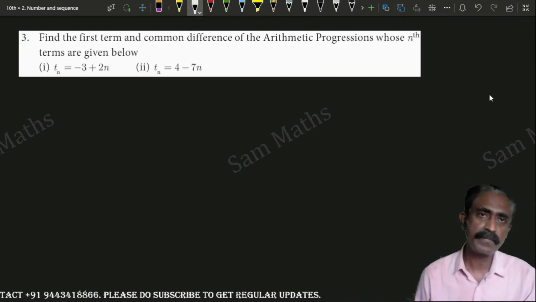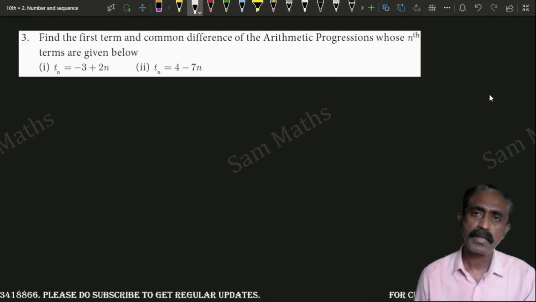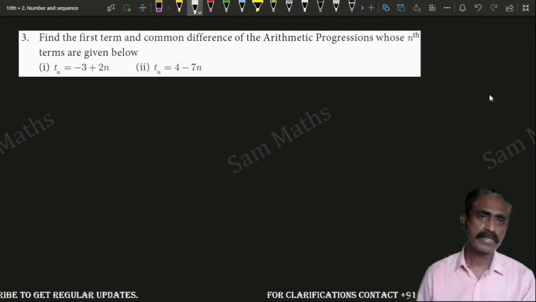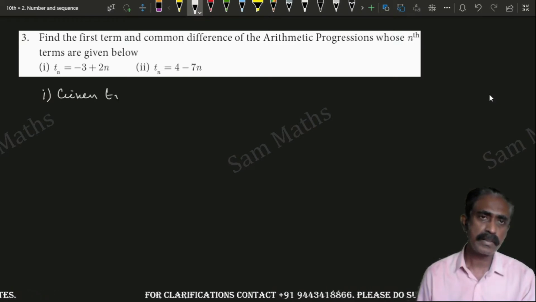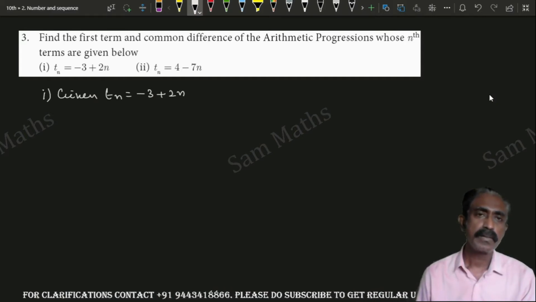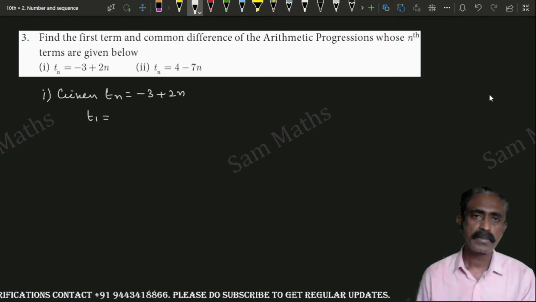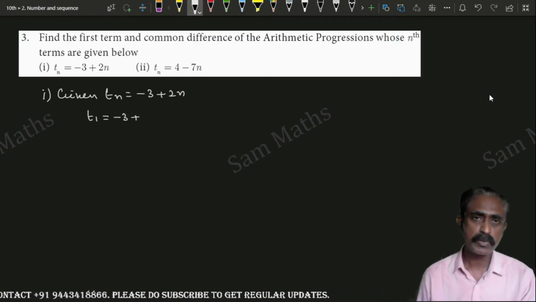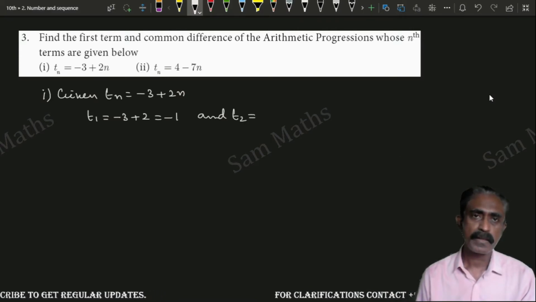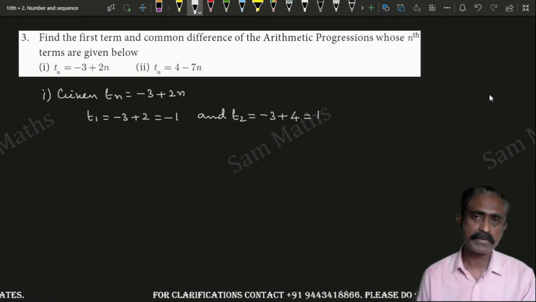Third sum, find the first term and common difference of the arithmetic progression whose nth terms are given below. First one, given Tn is equal to minus 3 plus 2n. You find T1: minus 3 plus 2 into 1 is 2, which is equal to minus 1, and the second term is equal to minus 3 plus 2 twos are 4, which is equal to plus 1.